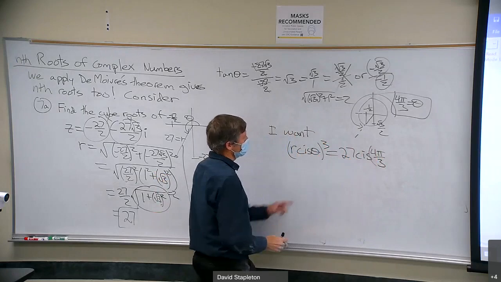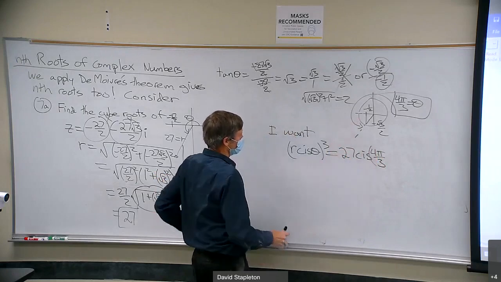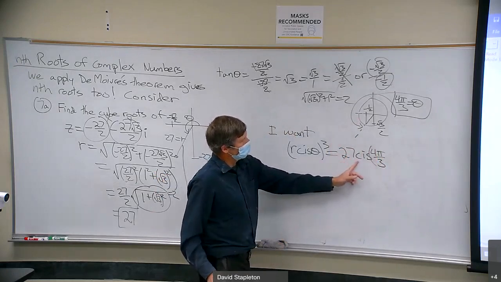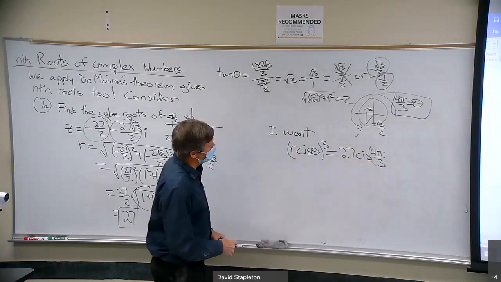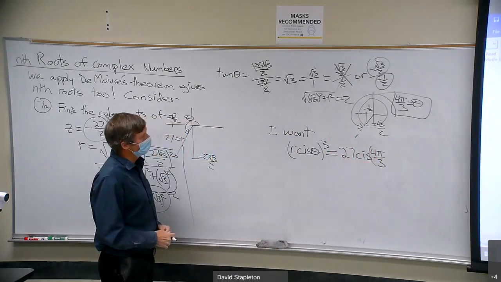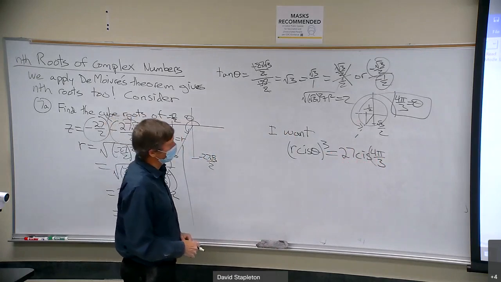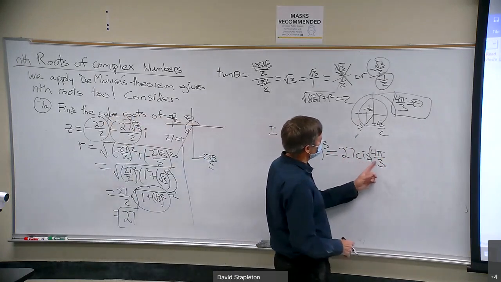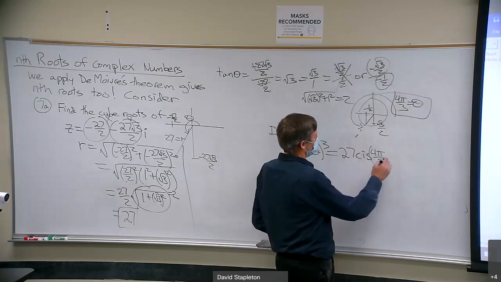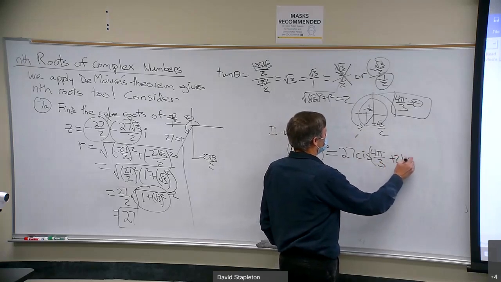Right? Here's the angle, here's the distance. So we write the number that we want, get from the cube, like that. But there's one trick in this, and you have to do this. This is not the unique angle. I can add any 2k pi to this, right?